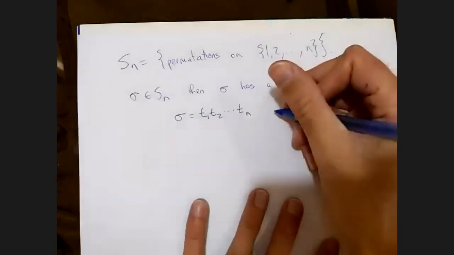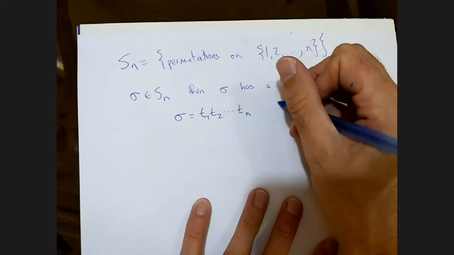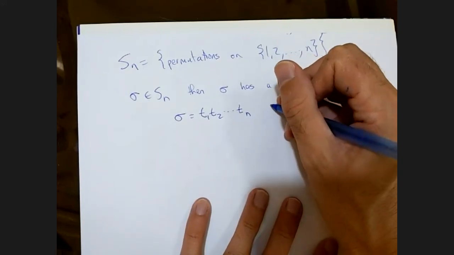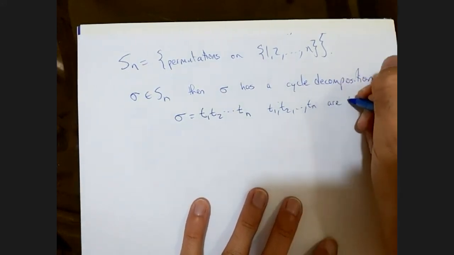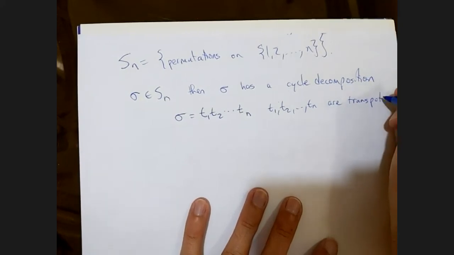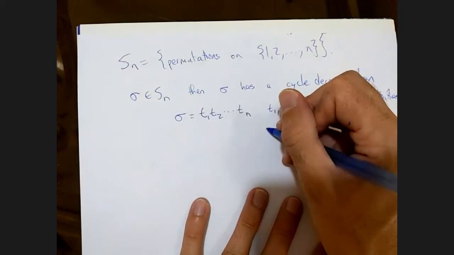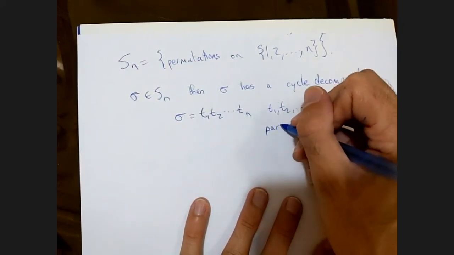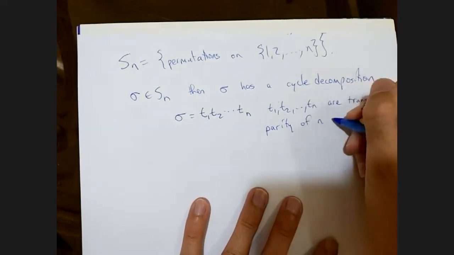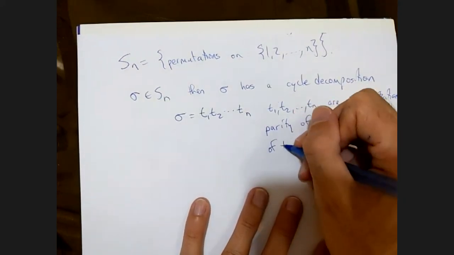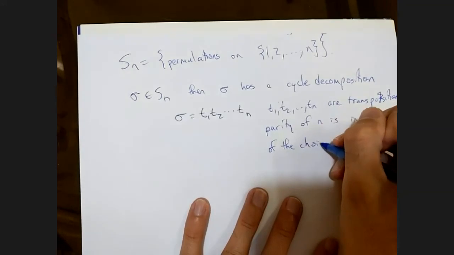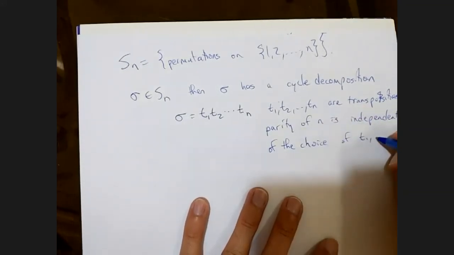So T1, T2, up to Tn are transpositions. And what we would say is that the parity of n is independent of the choice of T1 up to Tn.